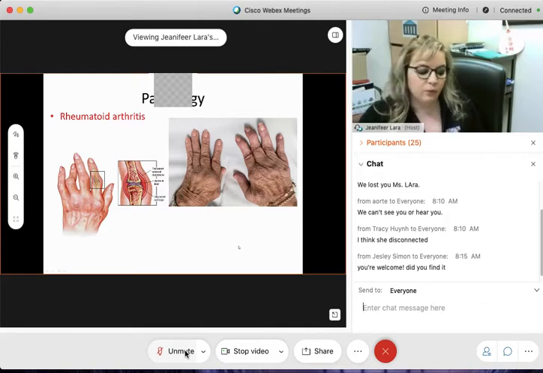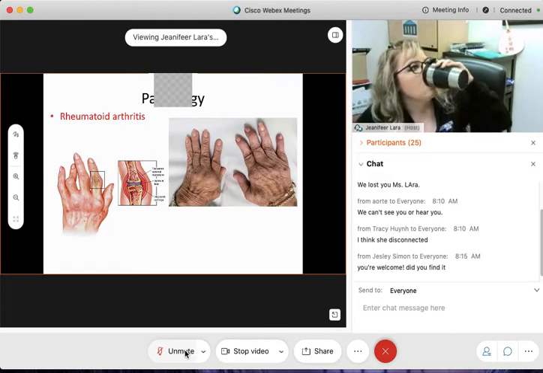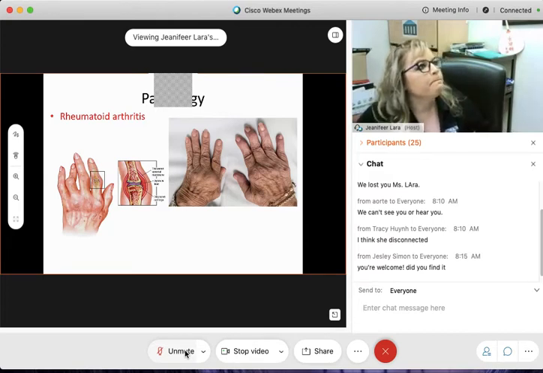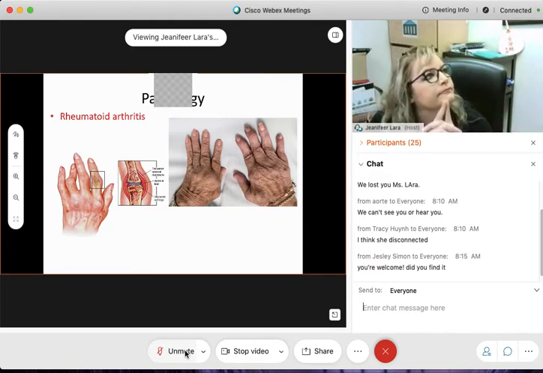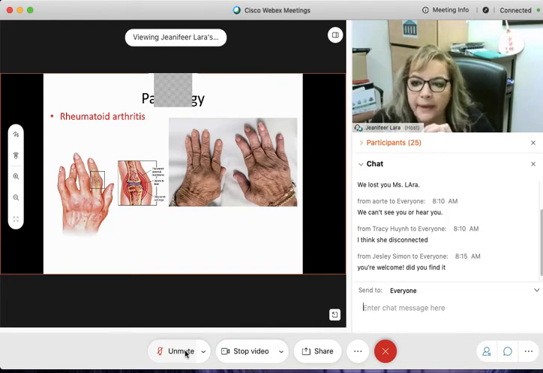So Javier, don't stop. Read the definition for me. Rheumatoid arthritis. On page 140. Thank you. I'll come back to you, Javier.